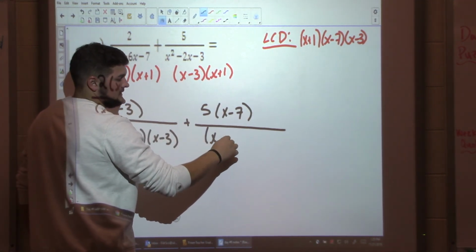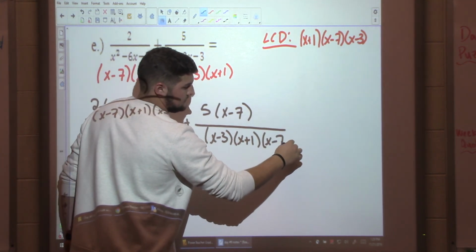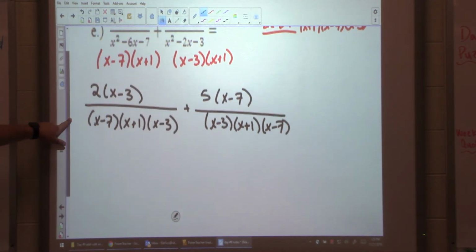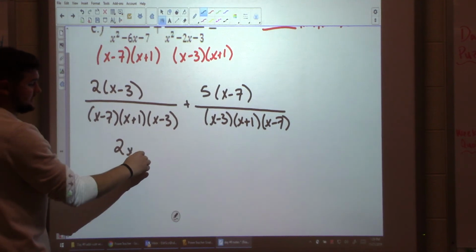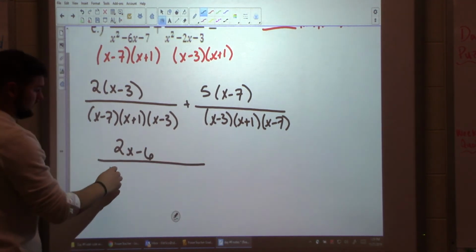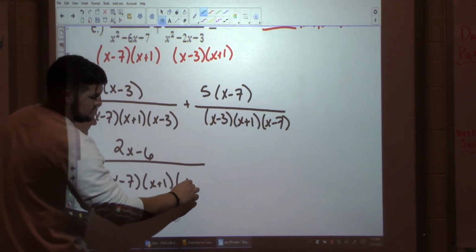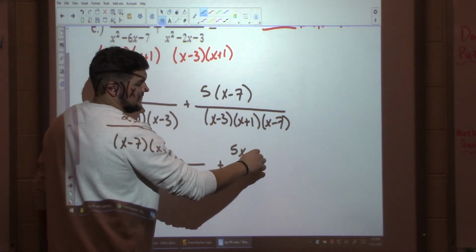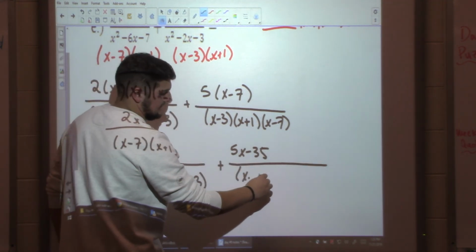So multiply top and bottom by x minus 7. Alright, now that we have our common denominators, we can distribute, just like we have been, 2x minus 6 over our whole denominator plus 5x minus 35 over the whole denominator.